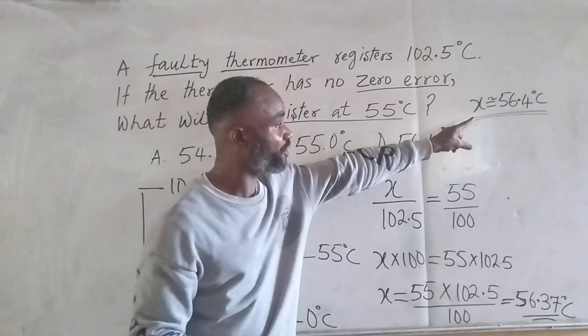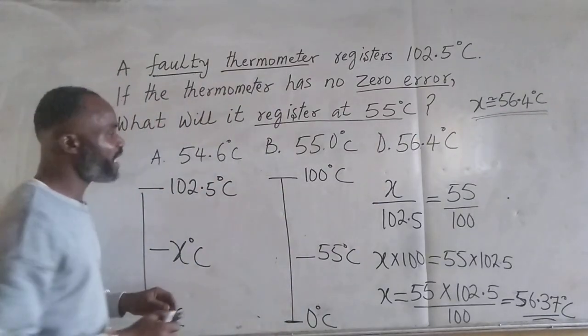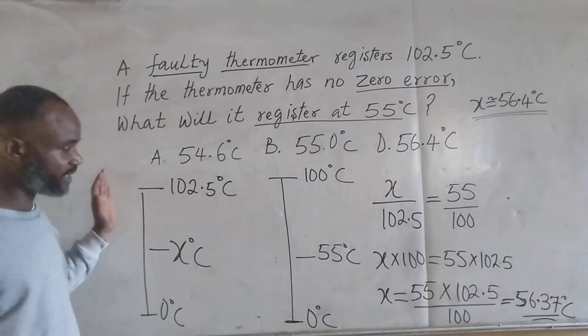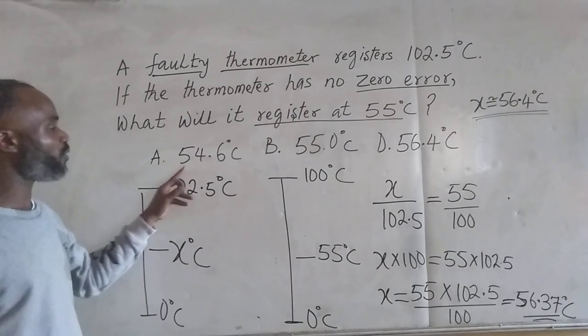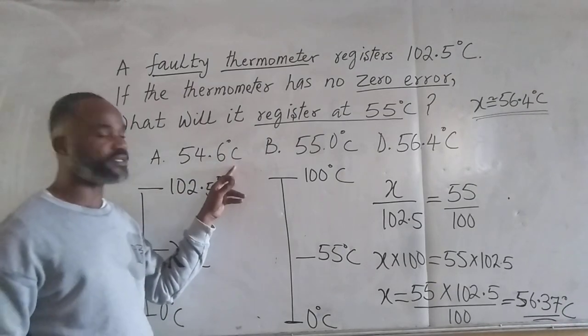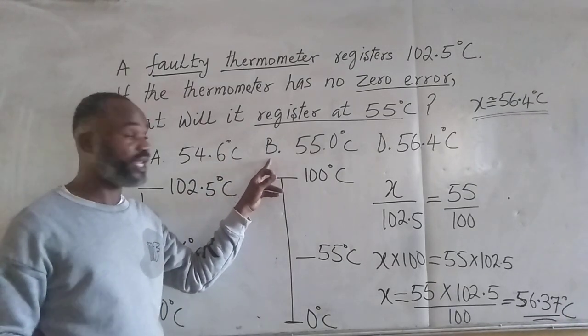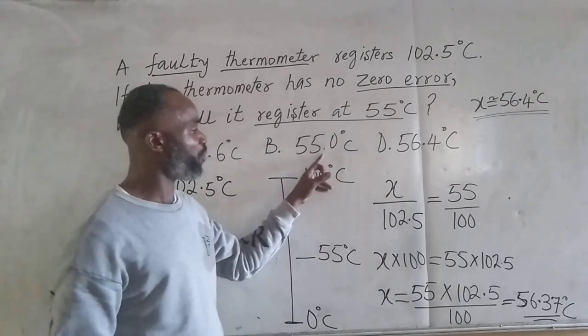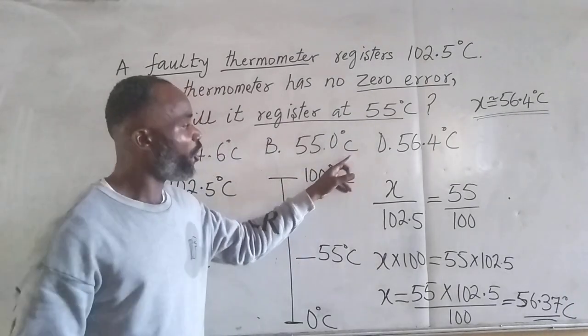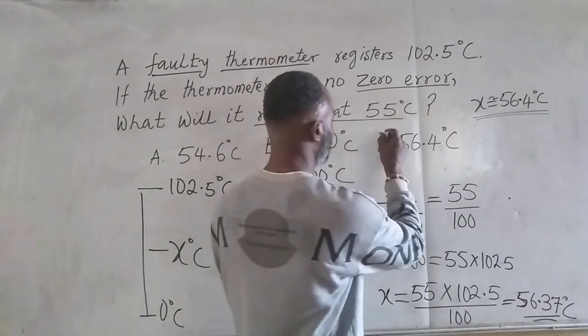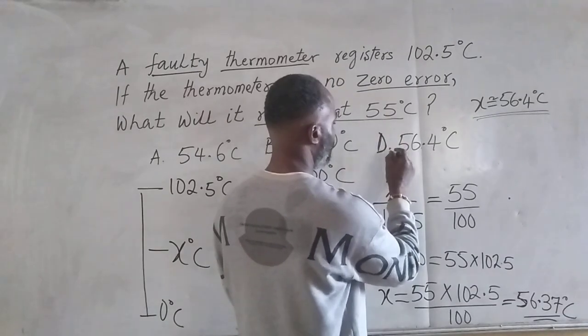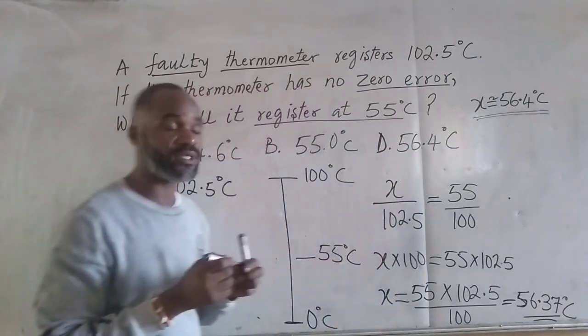In other words, if we check the options given to us, option A is 54.6 degrees Celsius, option B is 55.0 degrees Celsius, and option D is 56.4 degrees Celsius.